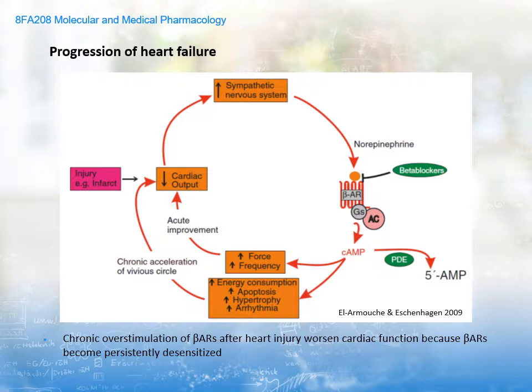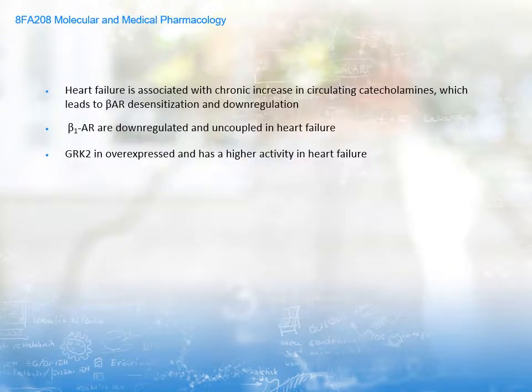Beta-adrenergic receptors are by no means the only culprit in heart failure. I'm not trying to say this. There are many other reasons why the heart can be failing, but this is an important one to take into consideration. So essentially, heart failure is associated with a chronic increase in circulating catecholamines. Remember, this is an adaptive response. The heart tries to compensate, but in a chronic scenario, it cannot do that. Then it leads to beta-adrenergic desensitization and downregulation.